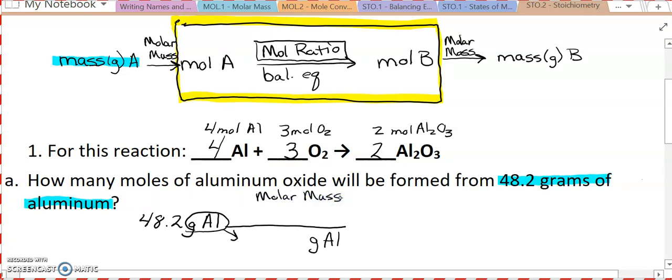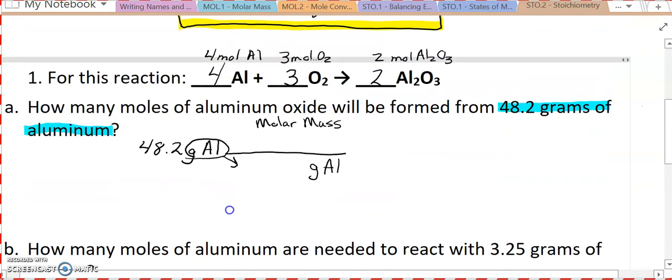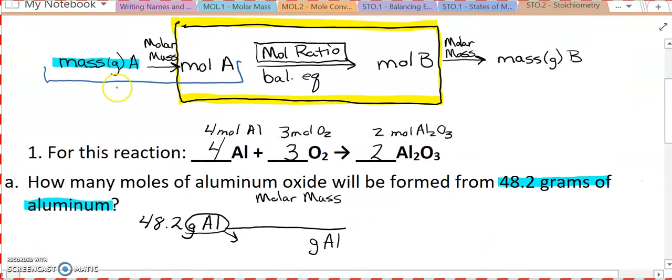It is really important to understand that the molar mass of a substance will keep me at the exact same substance. So this is going to switch between grams and moles, but this is always going to be the same chemical formula.